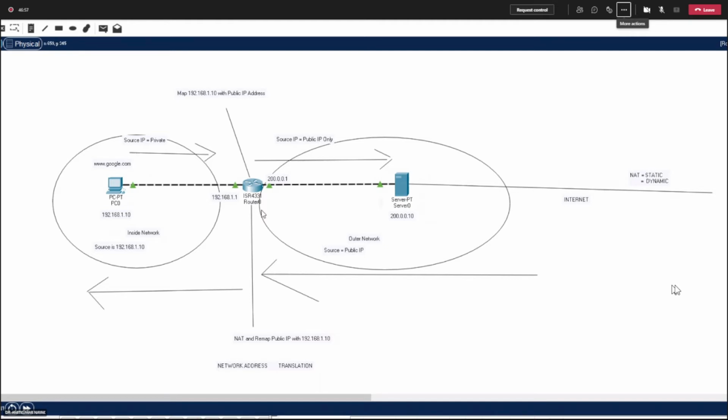The first command which I have to type on the router: first of all, we have to switch the router to global configuration mode. Then please see the command: ip nat inside source.